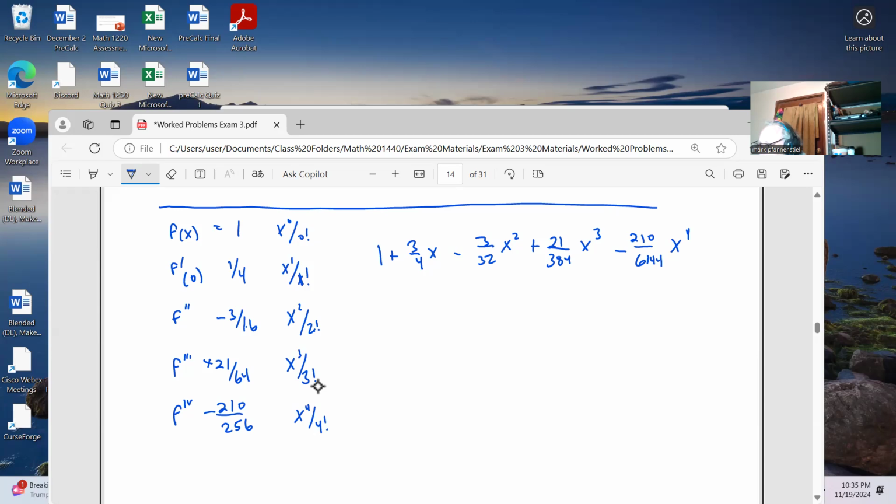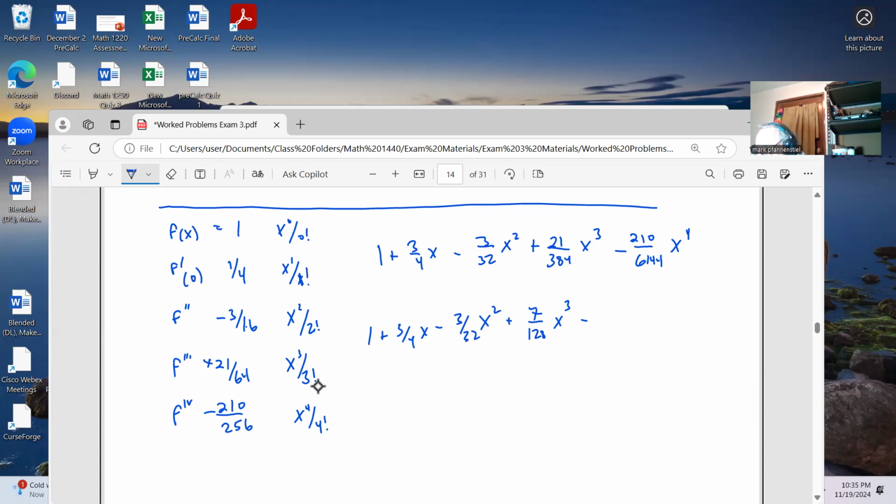So let's go ahead and recast this. 1 plus 3/4 x minus 3/32 x squared plus 7 over 128 x cubed minus, and we're going to say 210 divided by, where's my divide button? There it is, 6144.